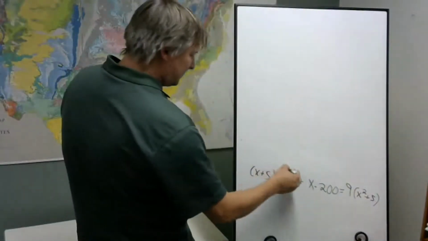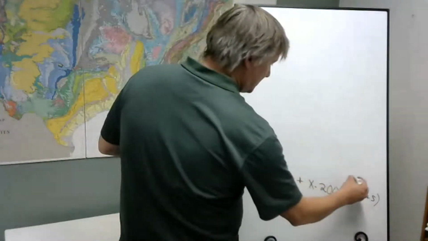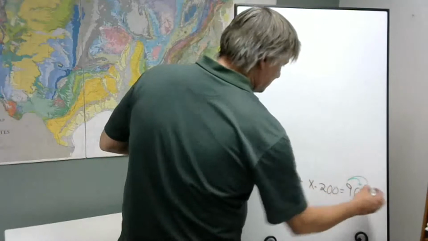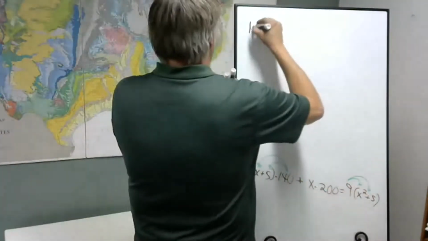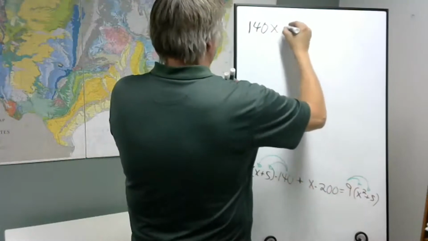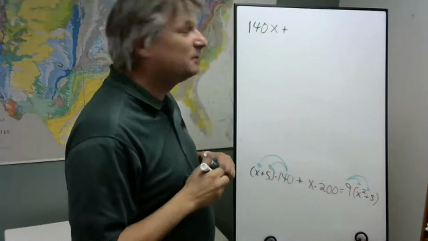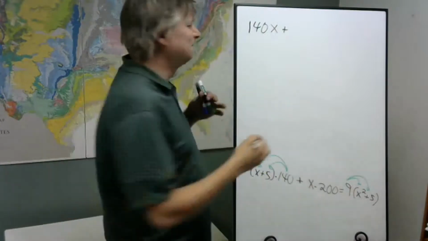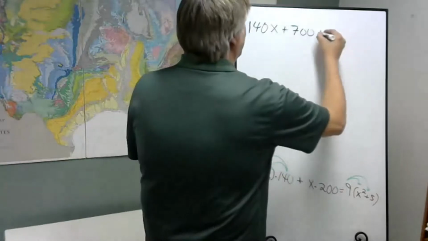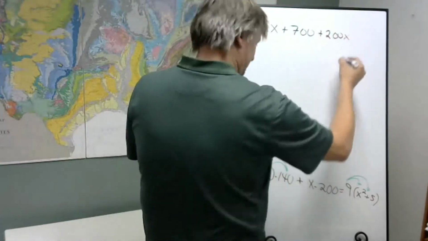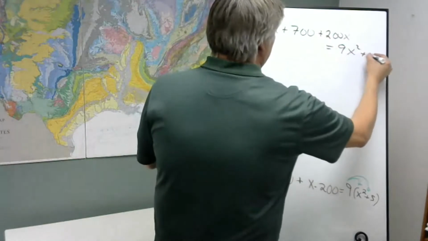So now we'll distribute the 140. And we'll distribute the 9. So we get 140x, and let's see here, 140 times 5 is 700, plus 200x, 9x squared plus 45.